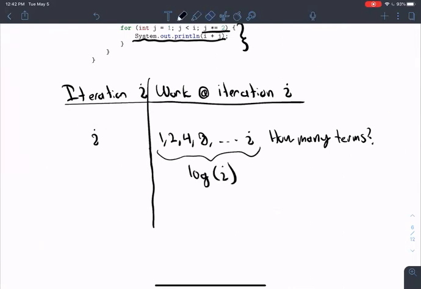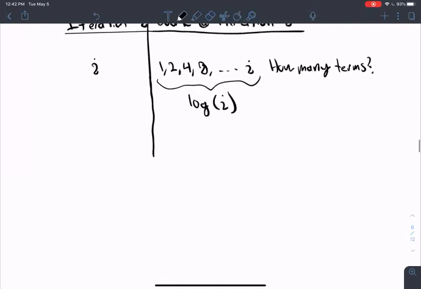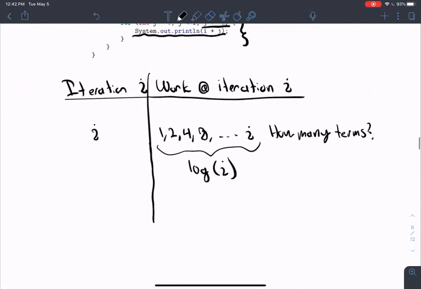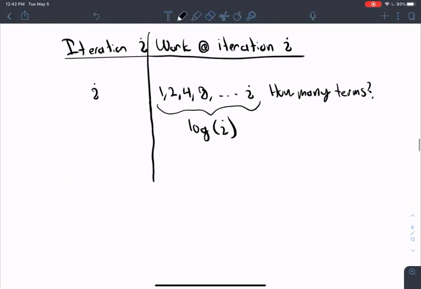All right, and now you can add all of them up, taking into consideration the values of i. So i is 0, 3, 6, 9, 12, all the way to 2n. And the work at that iteration is log of that number.